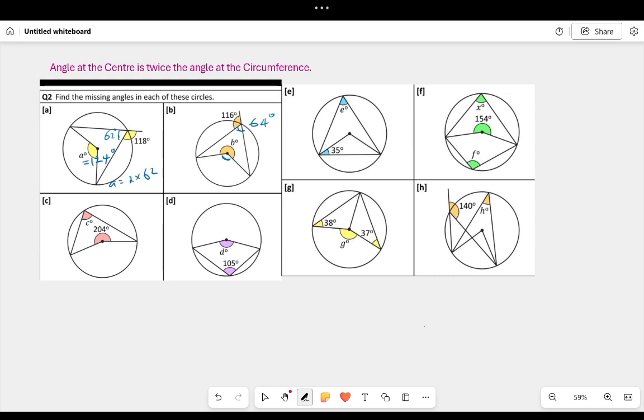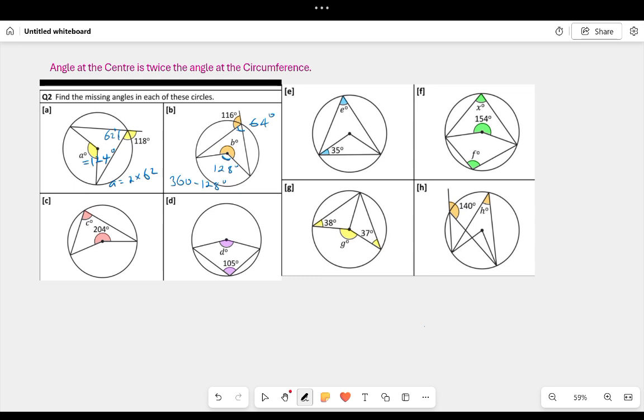Okay, and therefore 64 times 2, this angle here is supposed to be 128. Now, for me to get B, B is going to be 360 minus 128 degrees. So 360 minus 128 is 232 degrees.